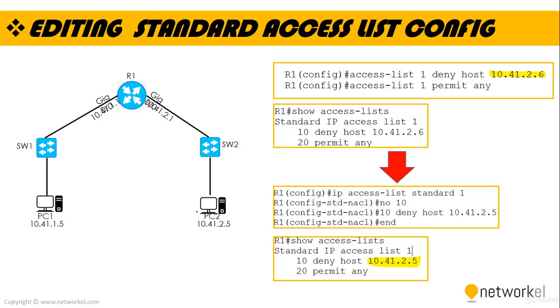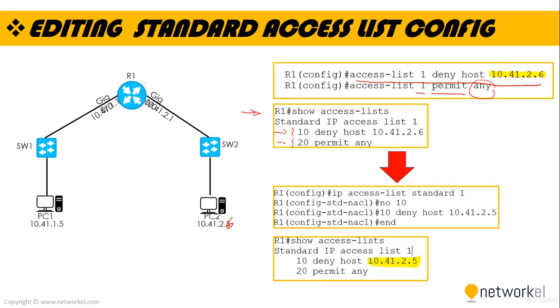To edit the standard access list configuration, for example, as you know, access list 1 is denying the host 2.6 for this example, which is here, I think. Then access list 1 is permitting any other things. So if we want to edit this configuration, we are typing the show access-list command, and we are seeing the sequence number in here.